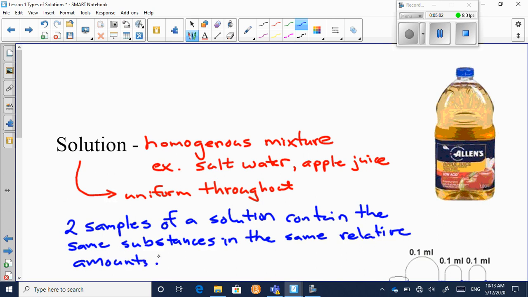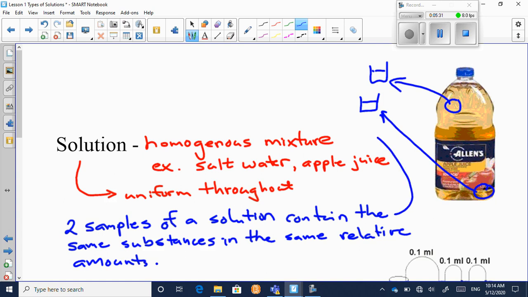So if I was to reach in and take a sample of the orange juice from here, and I was to take another sample from the bottom of the container, as I examined the solution, the amount of sugar, the amount of flavorant, the amount of colorant, all those things would be the same.